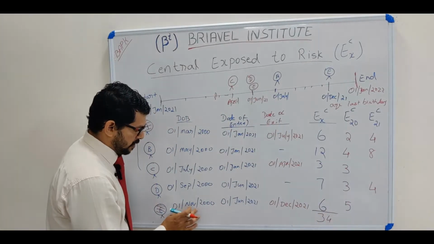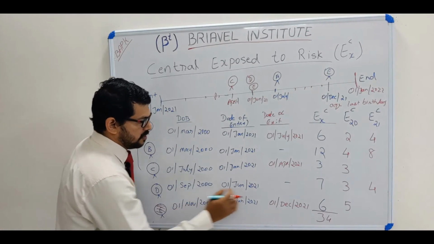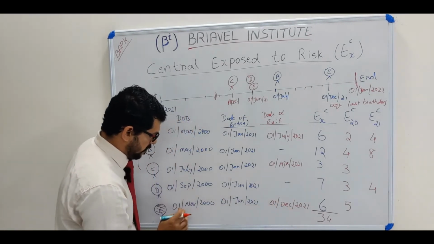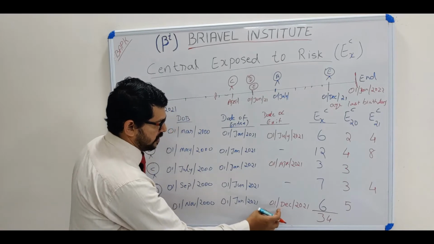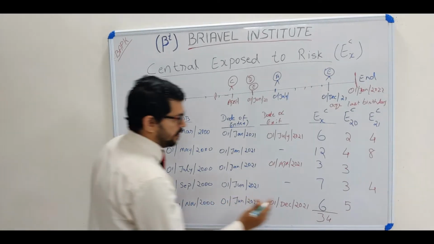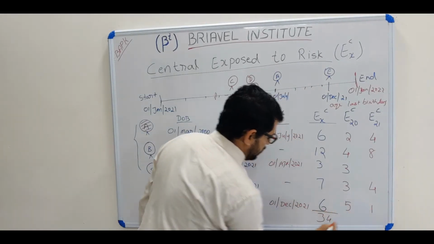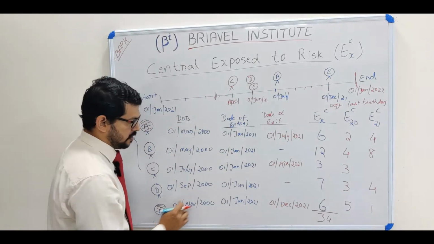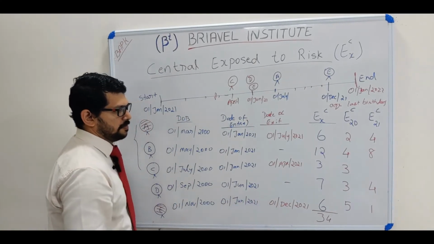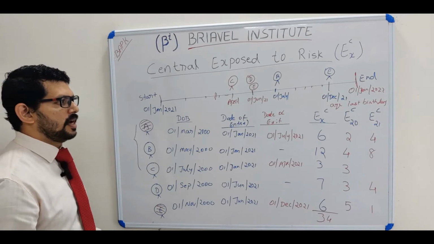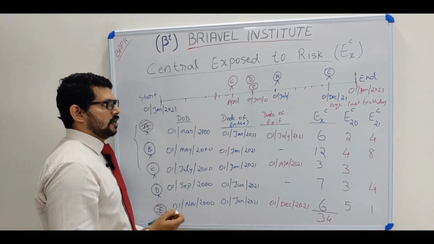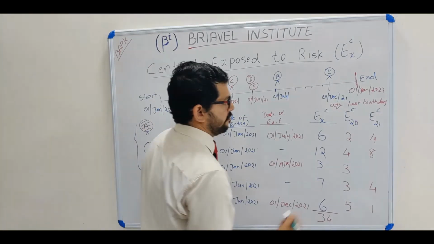Then 1st November to December, he exits in December. So 1st November to 1st December, 1 month at age 21. So these are our data of central exposed risk at different ages.